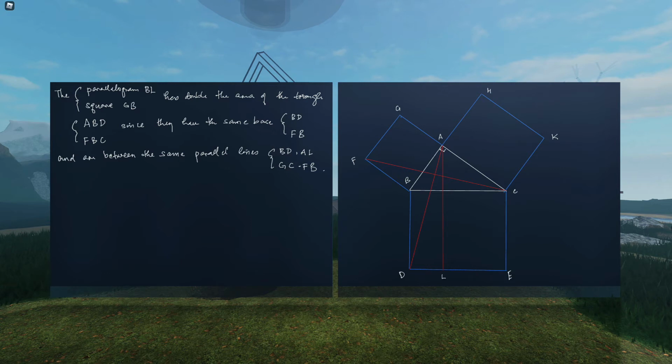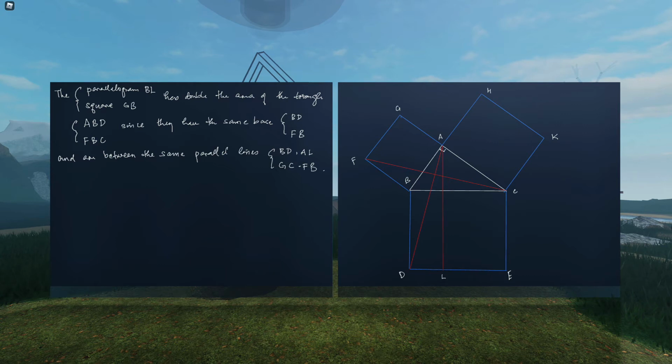So we're looking at BL. Let me just click on the diagram with this. So look at BL, right? BL is this thing here, right? So claim that this rectangle or parallelogram, in this case, we actually never used the word rectangle, so I'll just stick with parallelogram.